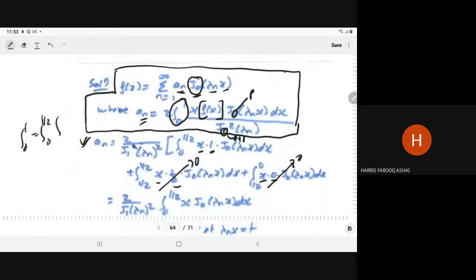Sir, is the denominator outside the integral? In this there is no x. Okay, sir, got it. X is only in the numerator, in the denominator there is no x. It will be treated as a constant. Clear now?